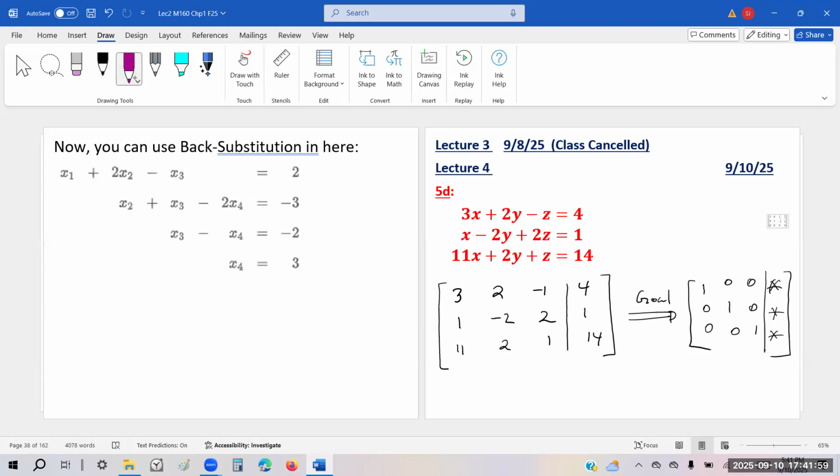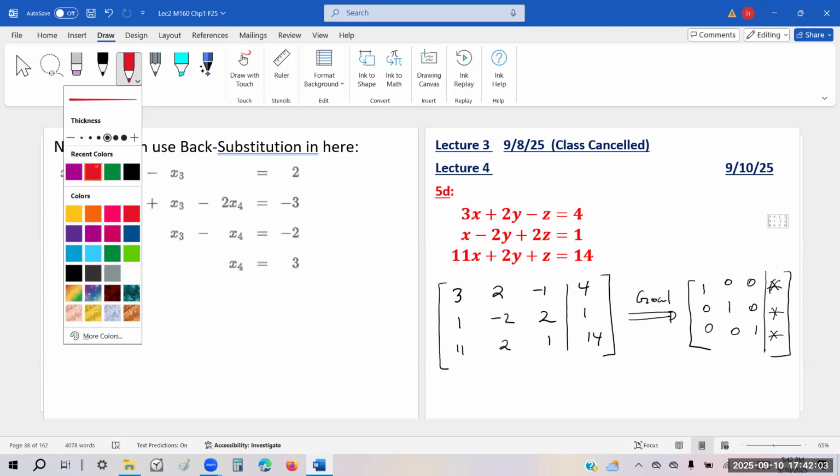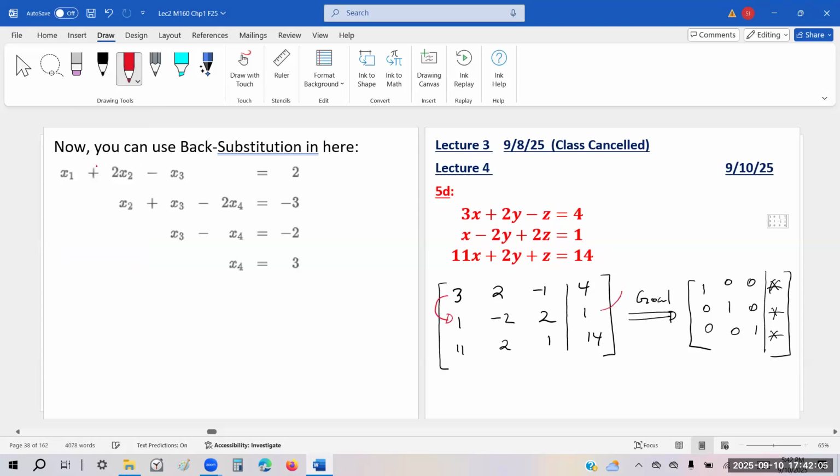So step 1, let me change my color to red, is swapping them. Swap row 1 with row 2. So we are doing reduced row echelon form using Gauss-Jordan elimination, if possible. So we are switching row 1 with row 2.